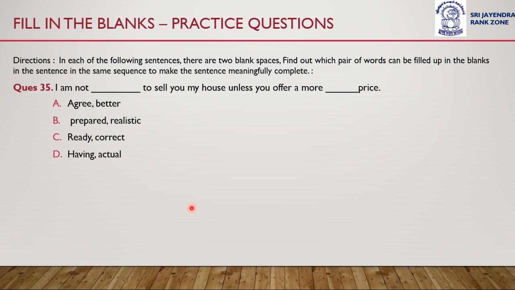I am not dash to sell you my house unless you offer a more dash price. Which option do you think fills in the blanks most correctly? Option B, prepared and realistic, or option D, having and actual. Try to fill in the blanks.